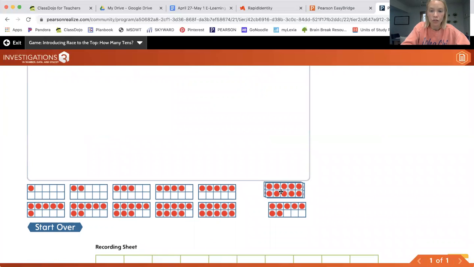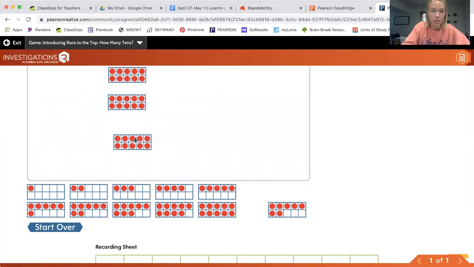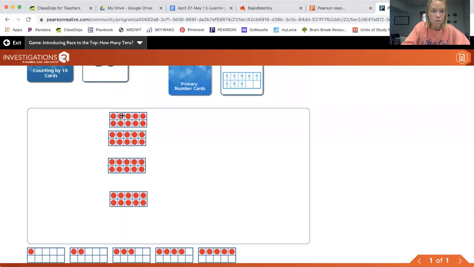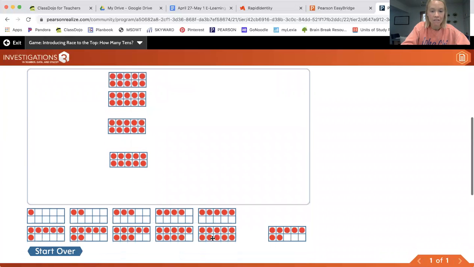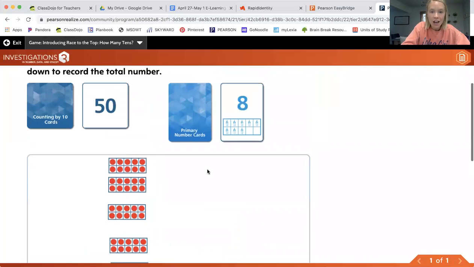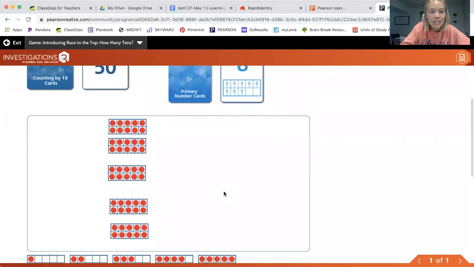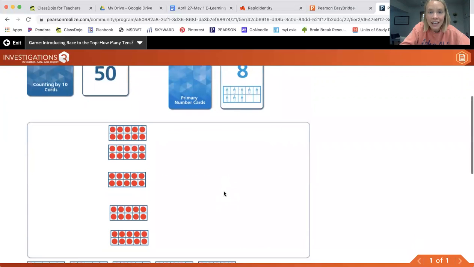So I'm gonna use these ones over here I just had. 10, 20, 30, 40, and 50. And then now I need to find the 10 frame down here that has 8.